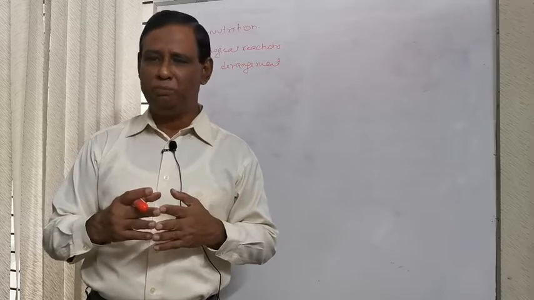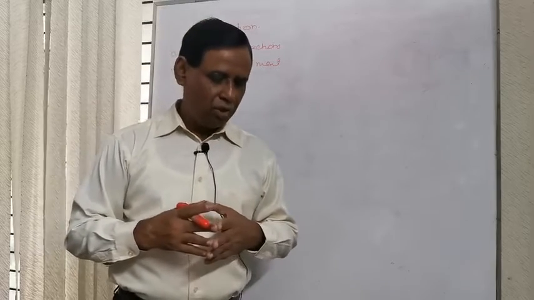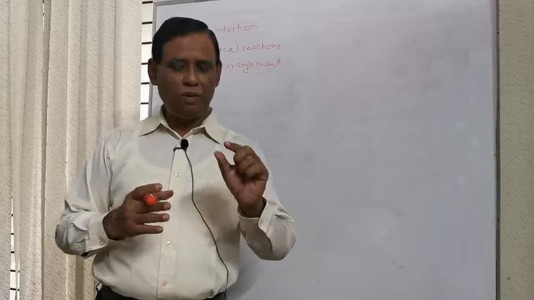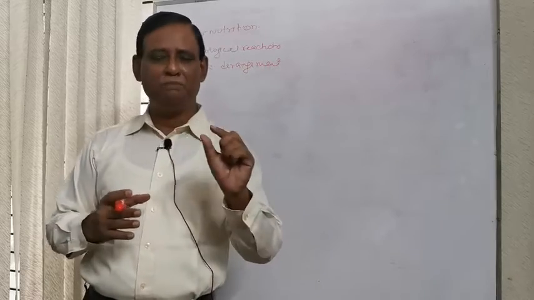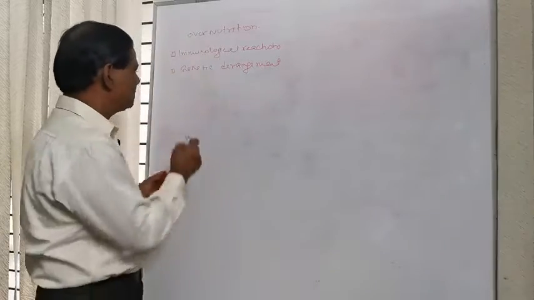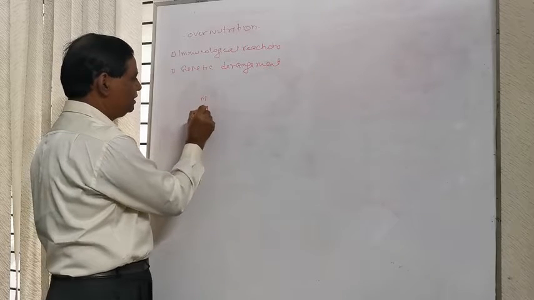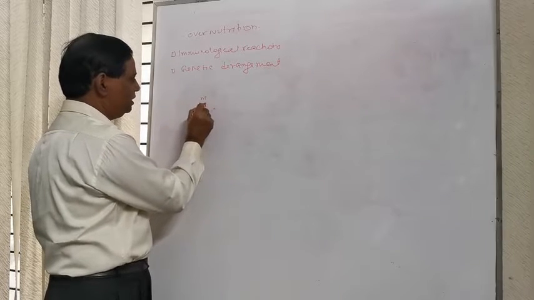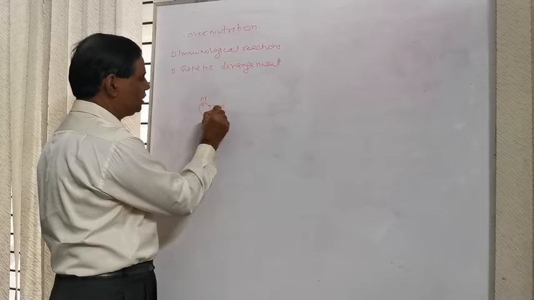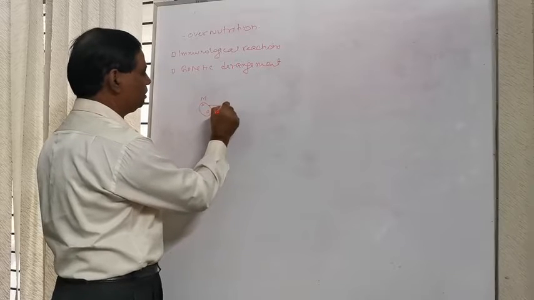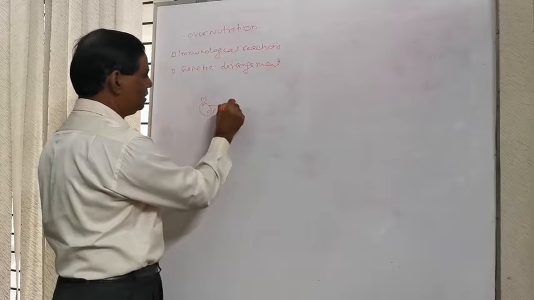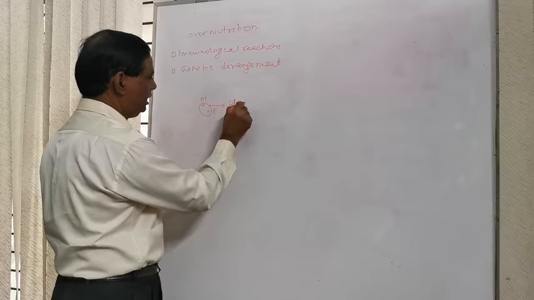It is called genetic mutation also. So suppose a pair of gene, one come from mother, another come from father. Suppose this is the maternal gene and this is the paternal gene. The two gene is associated with production of formation of hemoglobin A1.